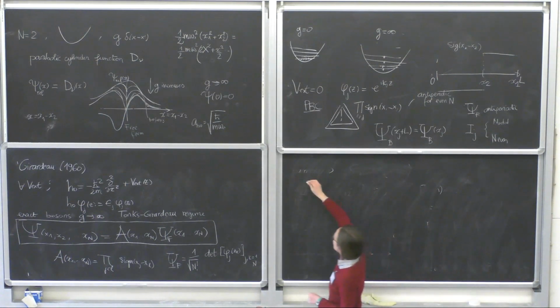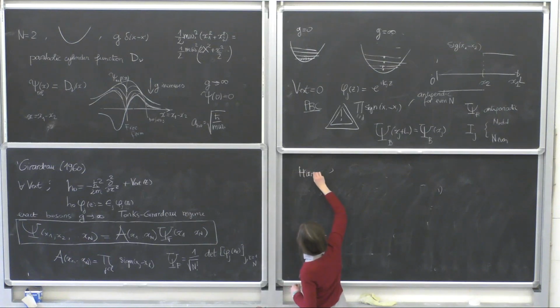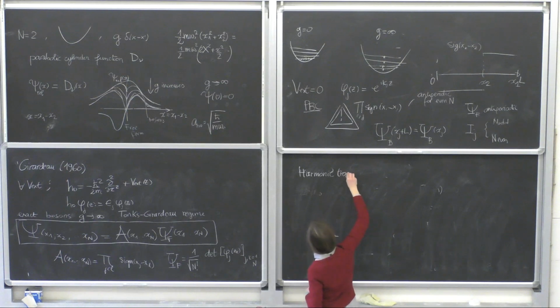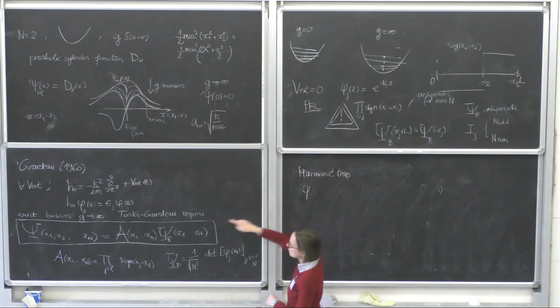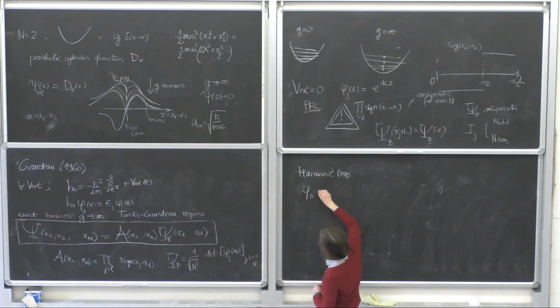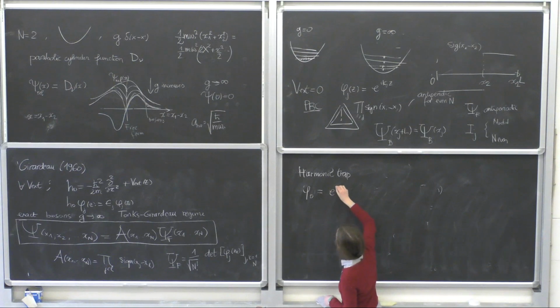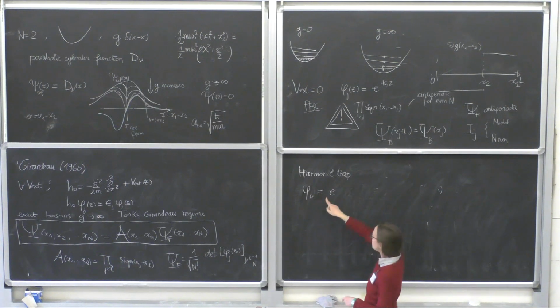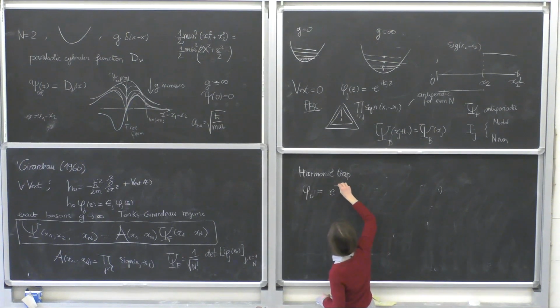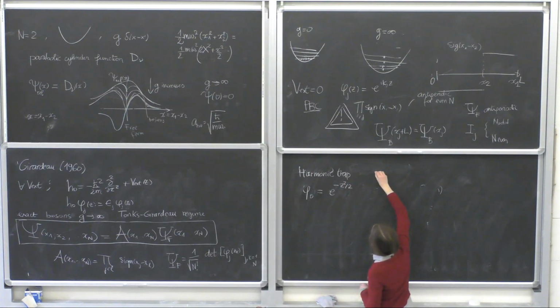So for a harmonic trap, I take the first two orbitals, phi 0, up to normalization. I don't care about normalization for the moment. You know that there will be a prefactor, which is e to the minus z squared over 2 in harmonic oscillator units.